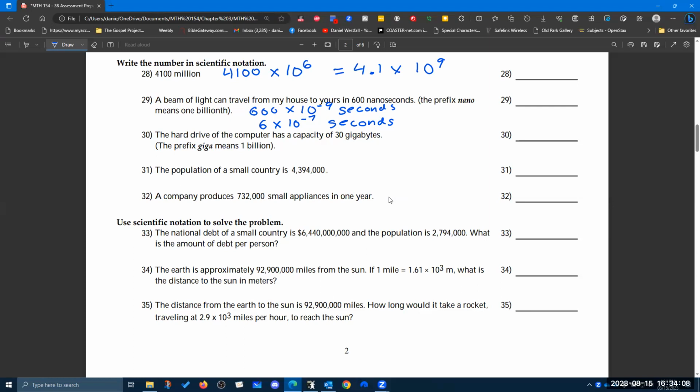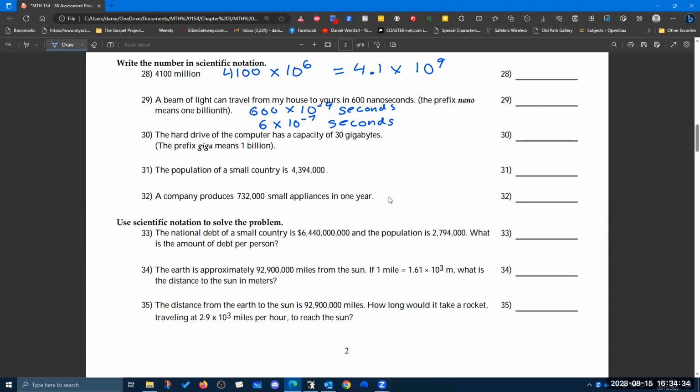Okay. You might recognize this prefix giga from memory. Kilo is 1,000. Mega means million. Giga means billion. So gigabytes is roughly about a billion.